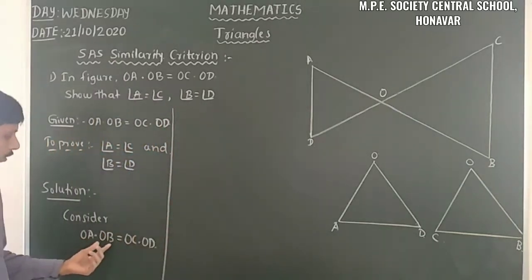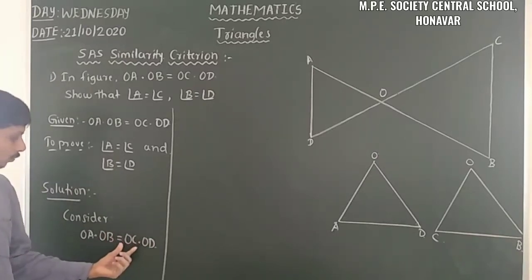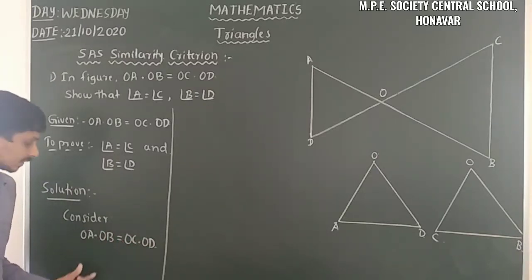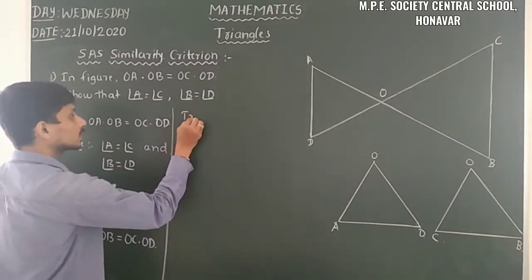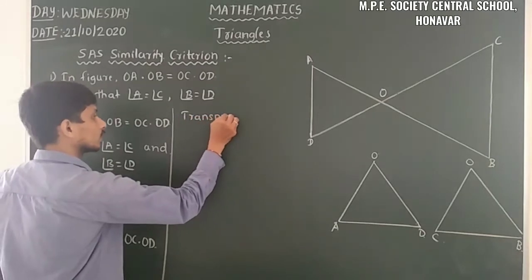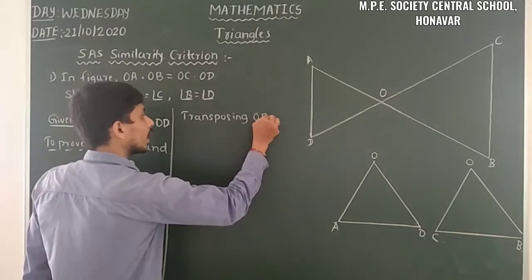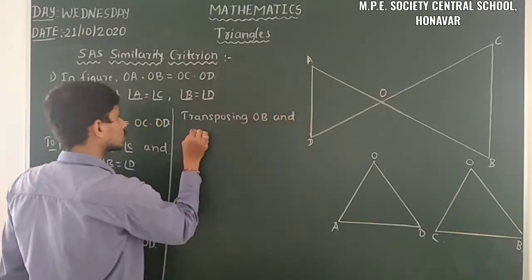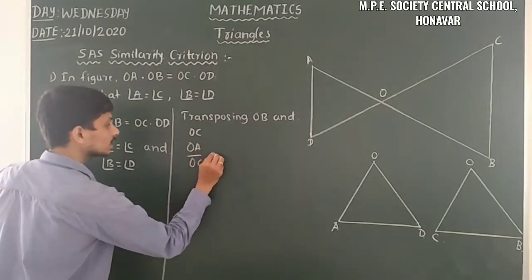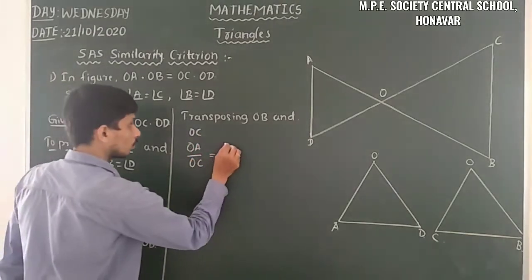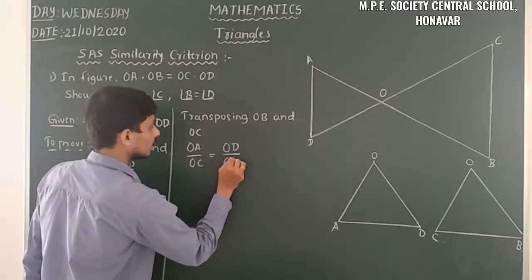So just observe, OA into OB is equal to OC into OD. Here I will transpose OC to the LHS and OB to the RHS. Transposing OC and OB, what we have is OA by OC is equal to OD by OB.